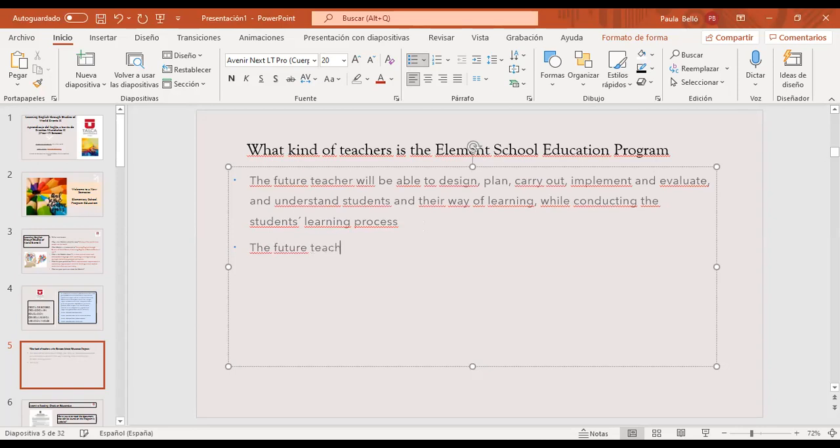And religion. ¿Religión no está incluido? Para enseñar, pregunta. O eso depende de cómo sea el colegio. That depends on the school, but in this program, we don't give you notions of religion. No, we don't have it in this program. ¿Sí? Este programa no les da nociones de enseñar religión.